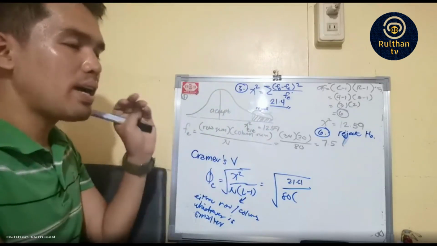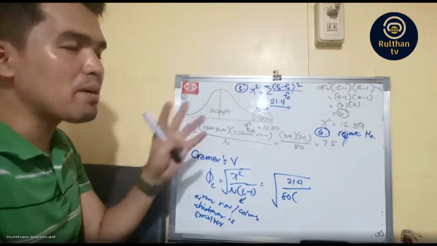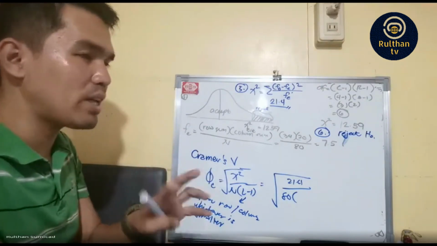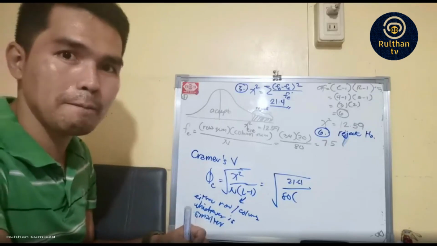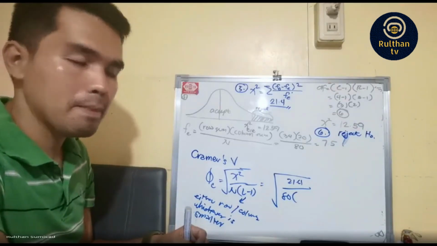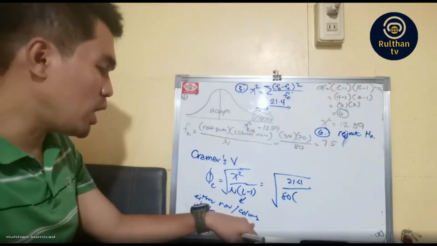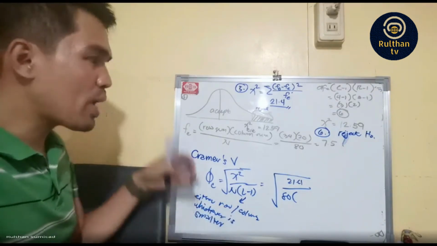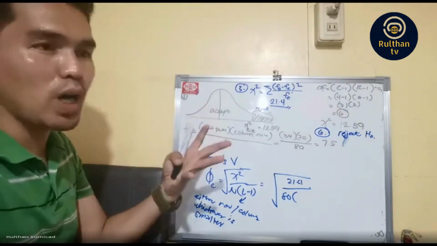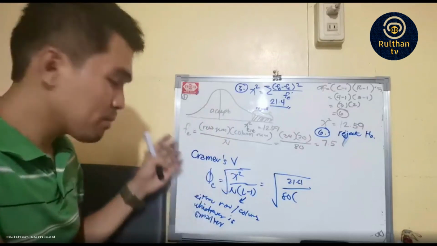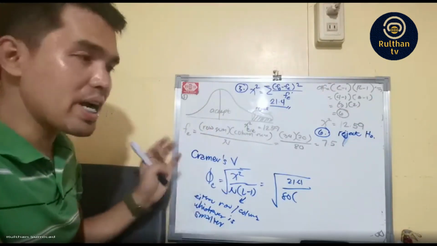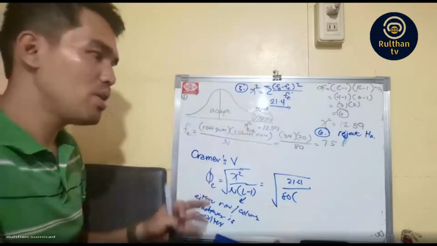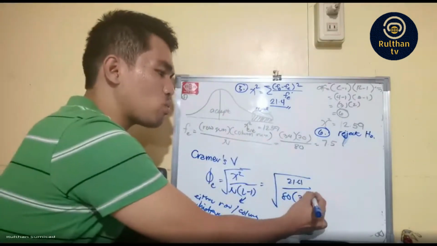So which number of categories are we going to consider for L? Either rows or columns, whichever is smaller. So we have 3 rows and 4 columns. So we're going to take the rows, for there are only 3 rows versus 4 columns. So our L here is 3 minus 1.